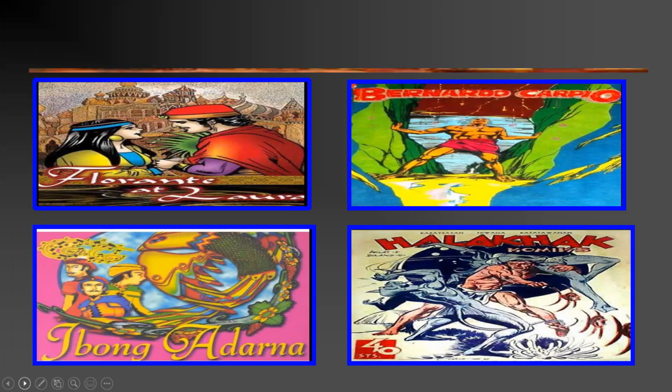So that tells a story about the search for the Adarna bird, which is the only cure for the king's sickness. So it is set in Berbanya. Right? So these are our local children's stories portrayed in picture storybooks before.